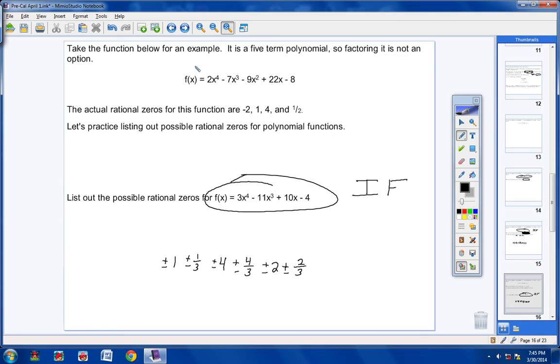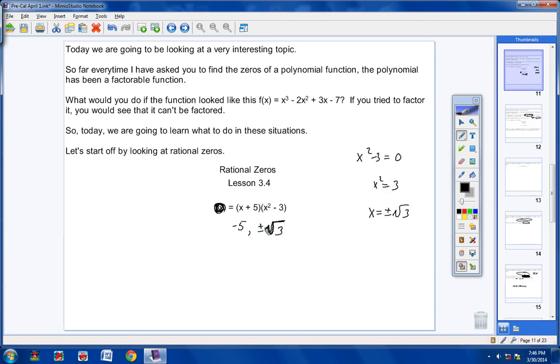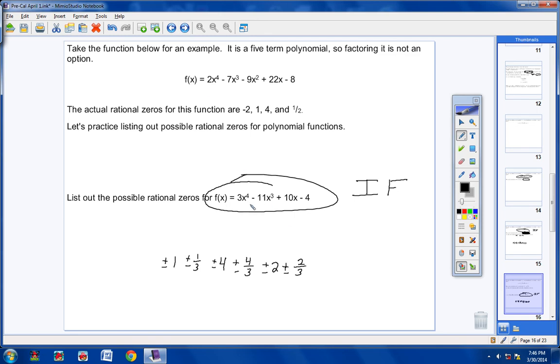Now irrational zeros, remember, let's go back. Remember, an irrational zero would be like this. And never, please listen to me, never will your irrational zeros appear in this list. Never. So this function right here might have an irrational zero of plus minus square root of 8.